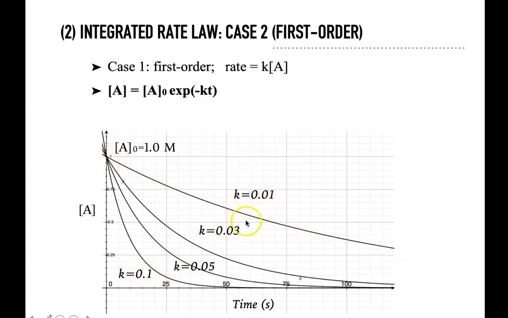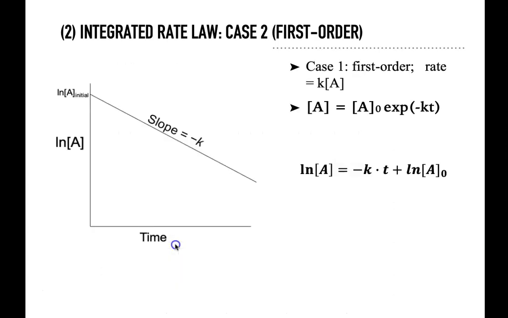What we need to remember is that A follows the exponentially decreasing profile when the reaction order is 1. For first order, the concentration of reactant A is the initial concentration multiplied by the exponential factor, exponential negative kt.